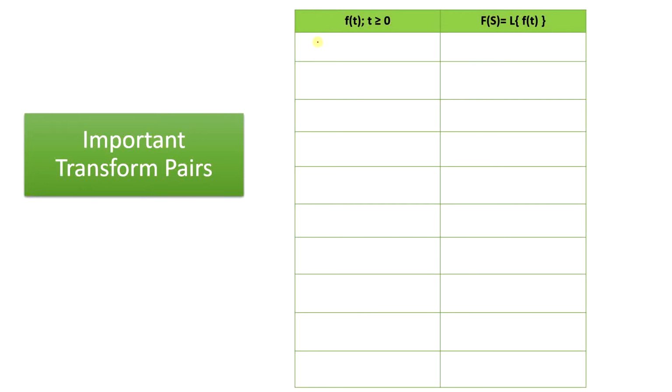We looked into delta of t, which corresponds to 1 in the Laplace domain. Then we looked into u of t, which we computed as 1 by s. t will be equal to 1 by s square. e power minus at will be equal to 1 divided by s plus a.